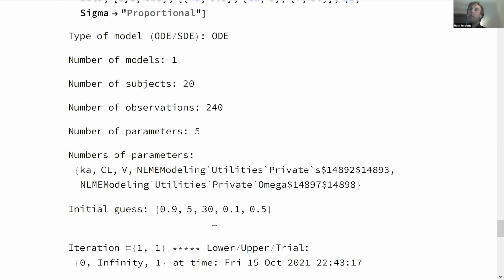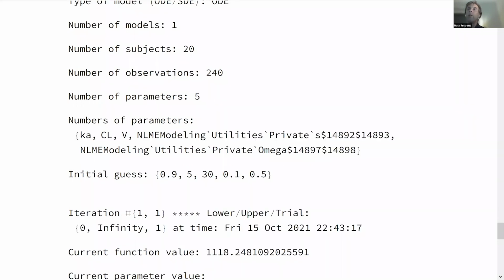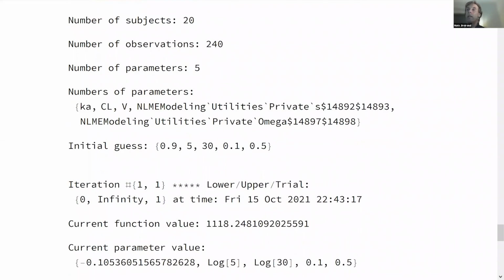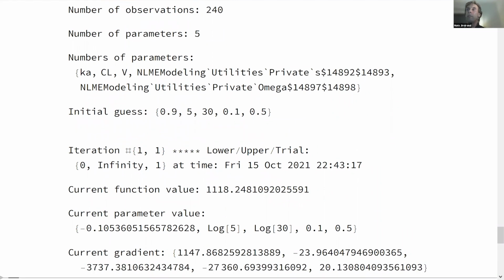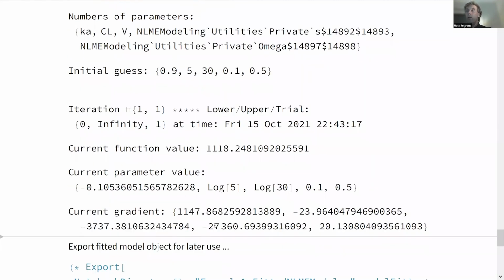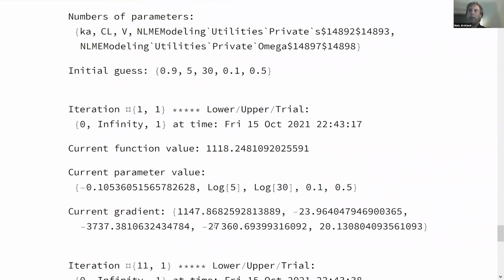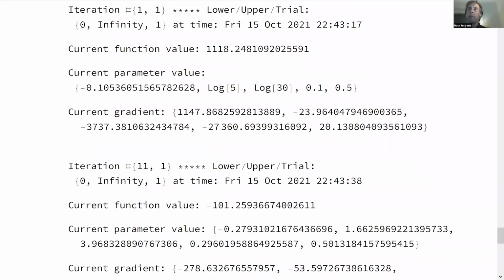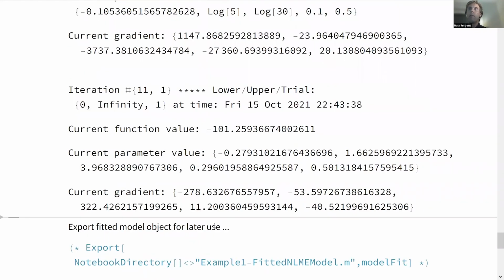Every 10th iteration it updates where it is with likelihood values and gradients and stuff like that. This will go on for about 1 minute. I think this is the only live estimation I will do. The other ones will be loaded into the system, but I think it's nice at least to have seen it working one time here.